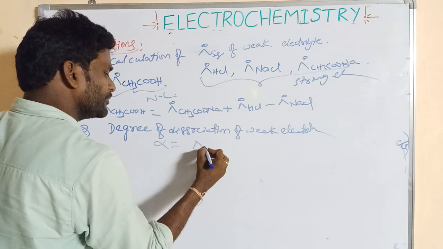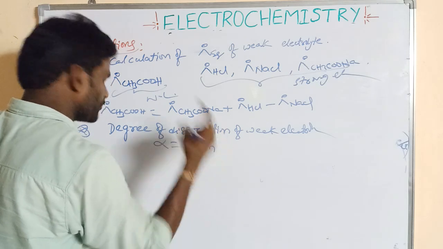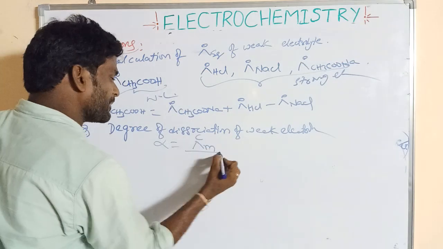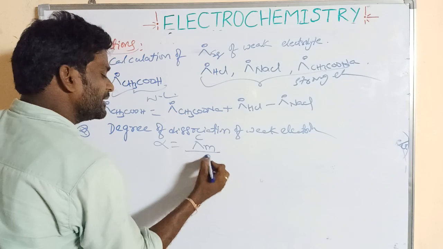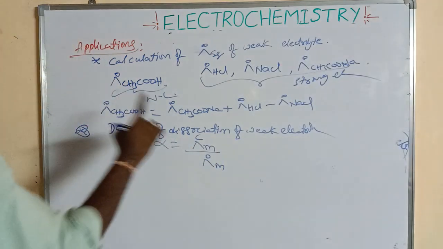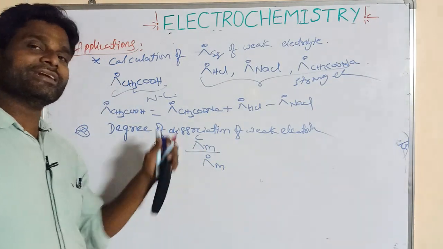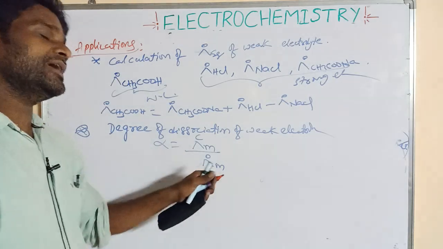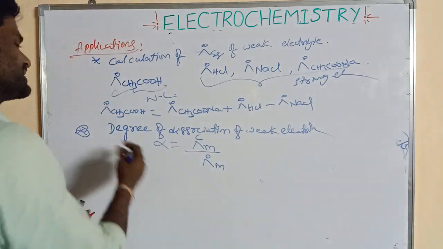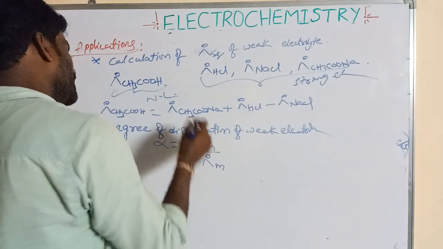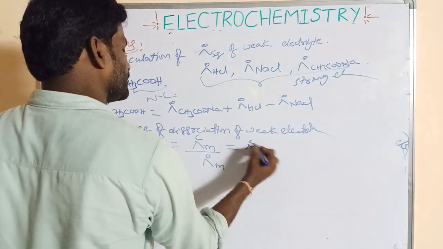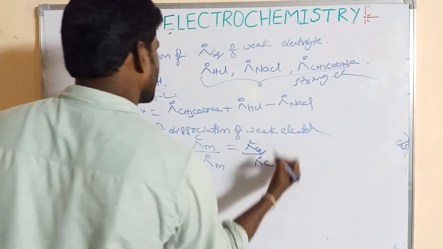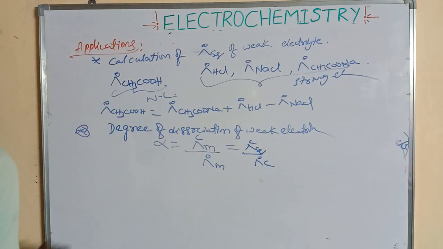Alpha is equal to the equivalent or molar conductivity at concentration C divided by the limiting molar conductivity. The ratio between the molar conductivity at concentration C and the limiting molar conductivity is known as the degree of dissociation. Equivalent conductance can also be taken, both are the same. So this is the second application.